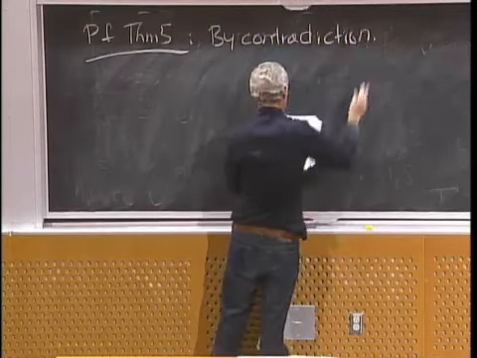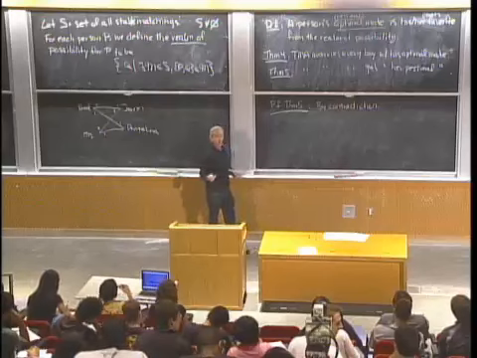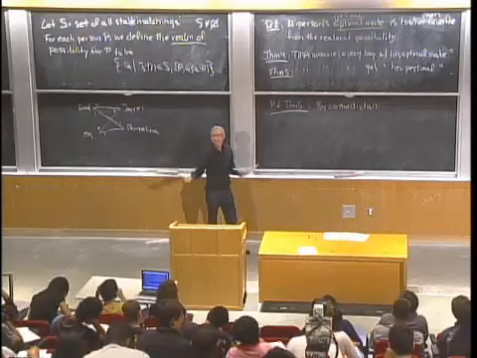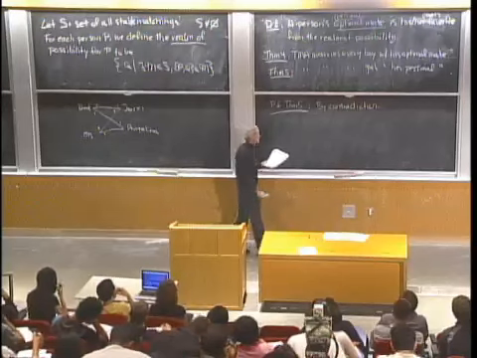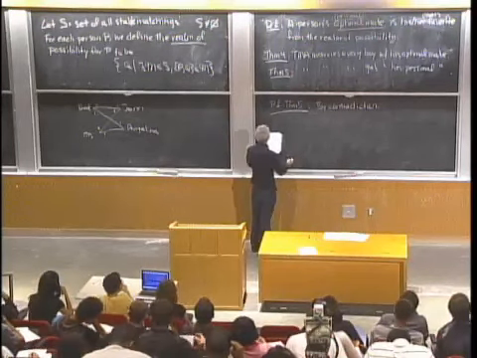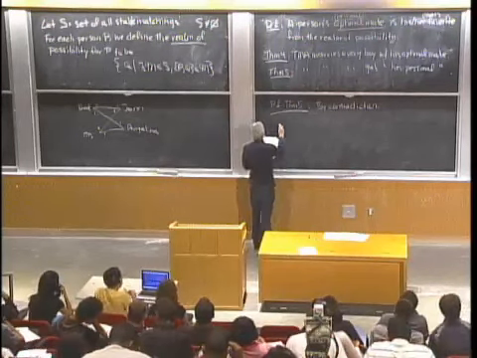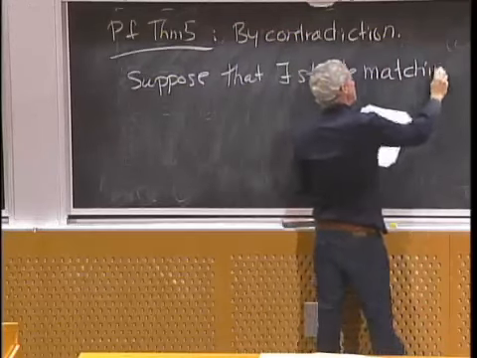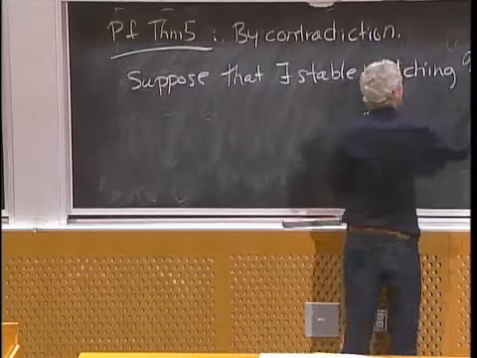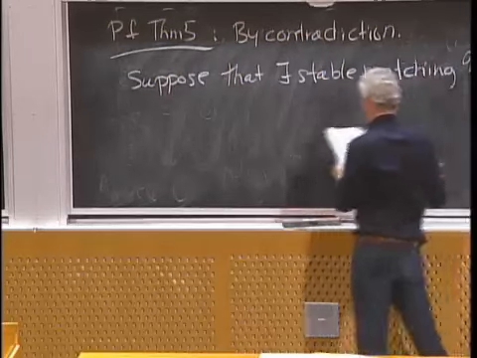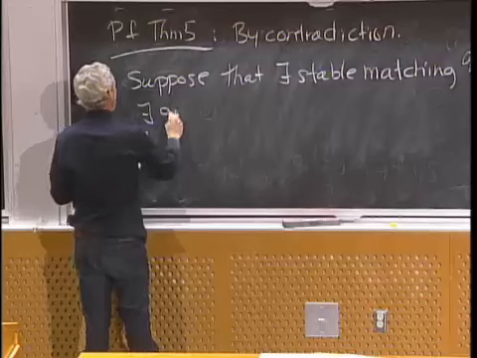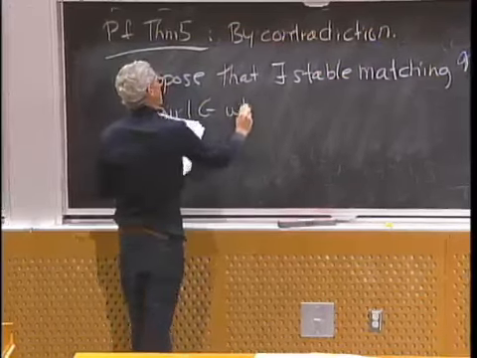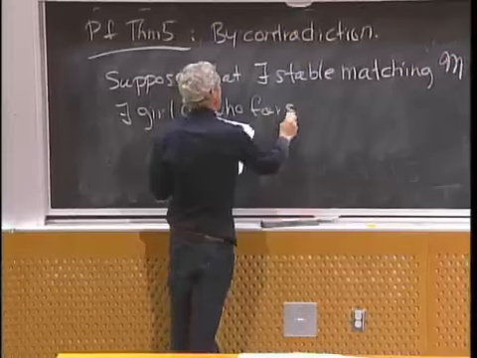So assume there was a stable matching where a girl got worse off than in TMA. All right? So that's, assume Theorem 5 is not true, then there's some girl in some stable matching. So suppose for the purpose of contradiction that there exists a stable matching, call it M, where some girl G fares worse than in TMA.